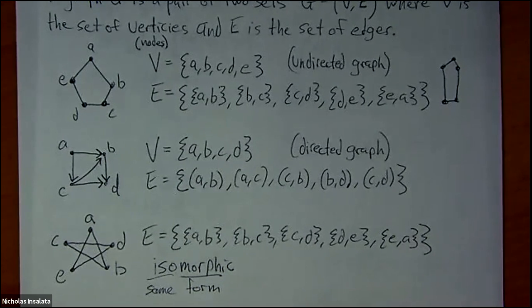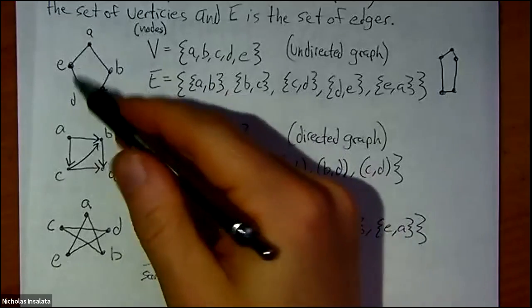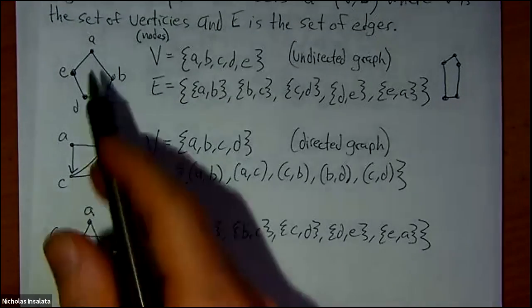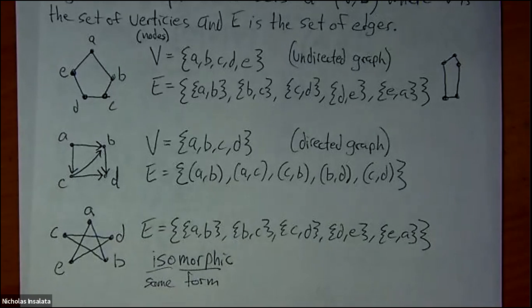So isomorphic graphs are kind of interesting, right? Because as you can see, maybe you're surprised that these two are the same, and you should be. It's pretty weird that a star and a pentagon have the same underlying pattern of connections between them. So maybe from that you could guess that there are graphs that are isomorphic to each other where, when you look at them, it's not clear at all that they're the same, right?